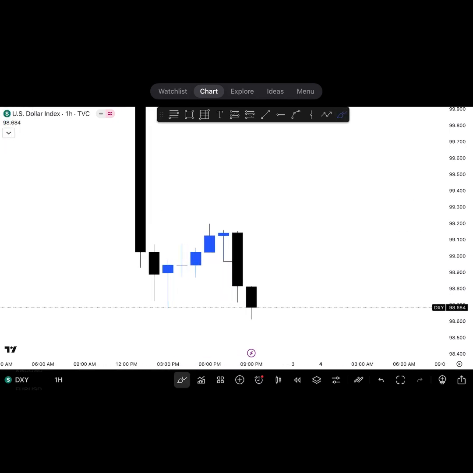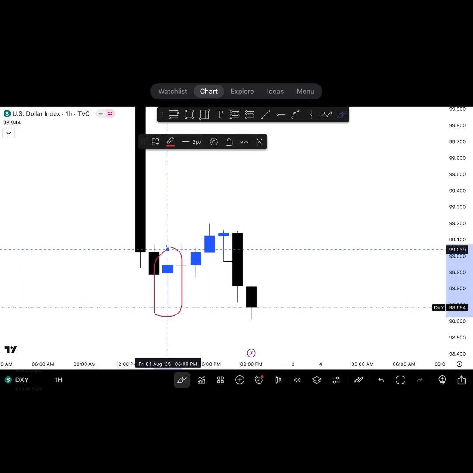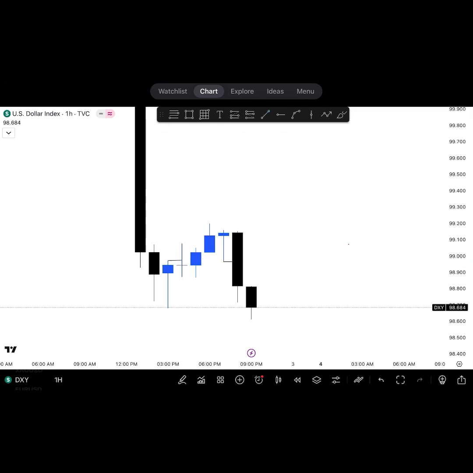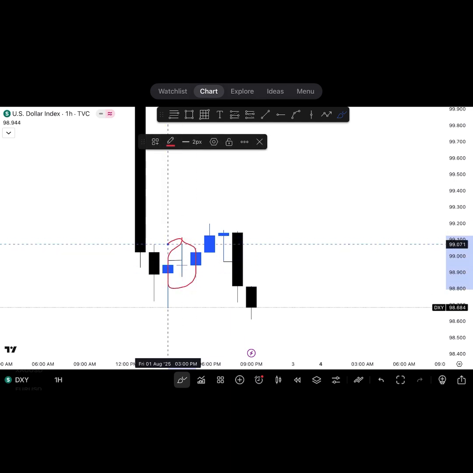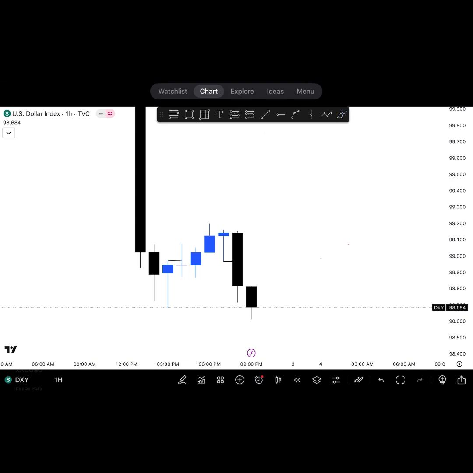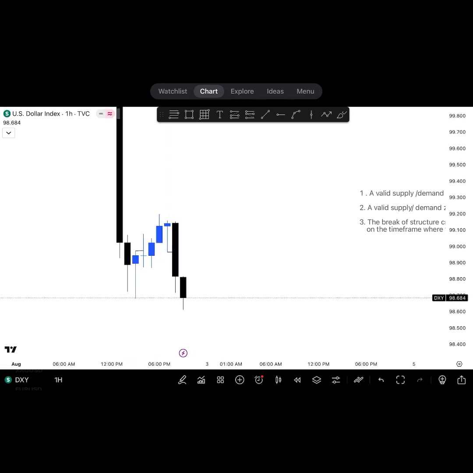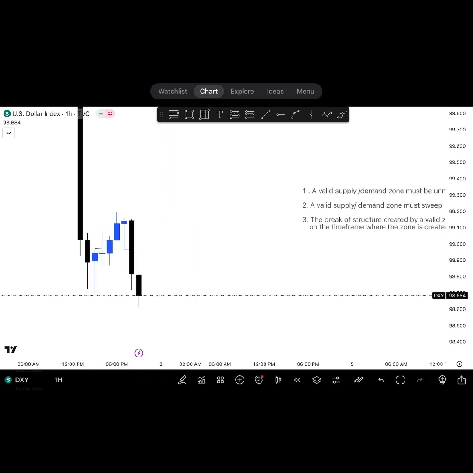But then if you had to use this particular one, see what price did. Price closed above it with a wick. Can you see? Price closed above it with just a wick. It was not a body closure. So for us to identify that this zone is strong, you have to see a strong body closure above that zone.